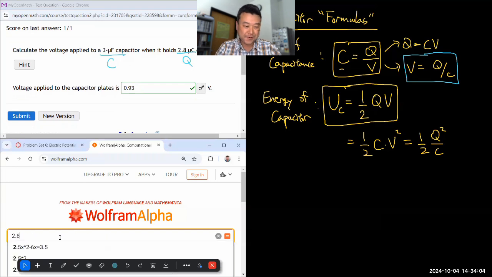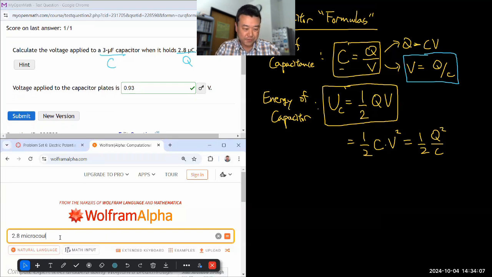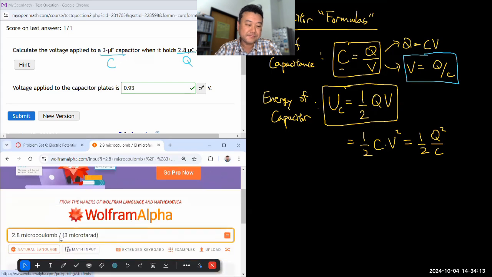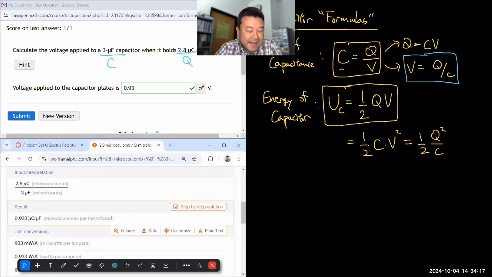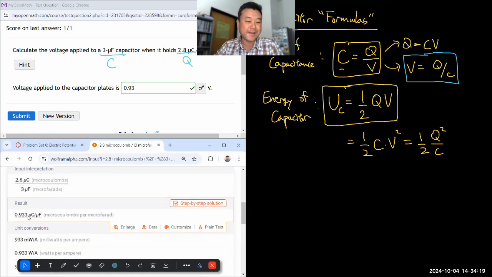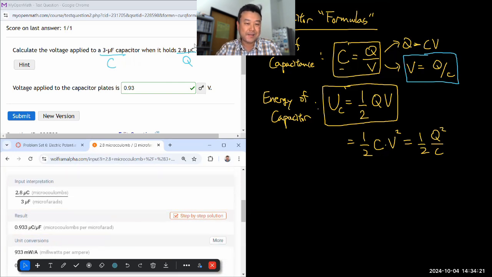So Q, 2.8 microcoulomb divided by 3 microfarad. Then, yeah, oh, I'm pretty close. I had to get it within 1% of the correct answer. I was doing 3 divided by 2.8 by mistake before.